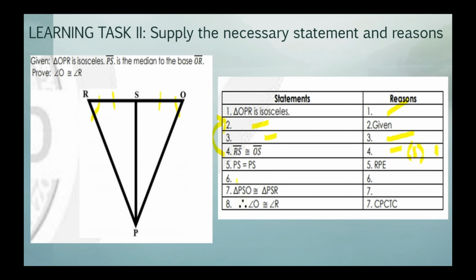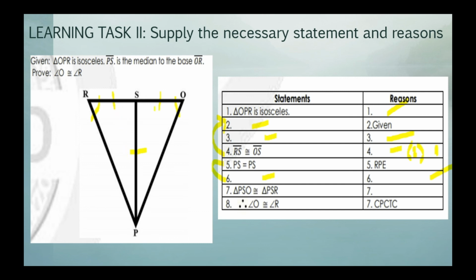Number 6 ay galing sa statement 5. So, kung si PS ay equal sa PS, therefore, they are congruent. So, anong definition yan? Then, triangle PSO is congruent to triangle PSR. So, tingnan natin yung mga na-prove na parts. Ito, tsaka yan, na? What else? RS.